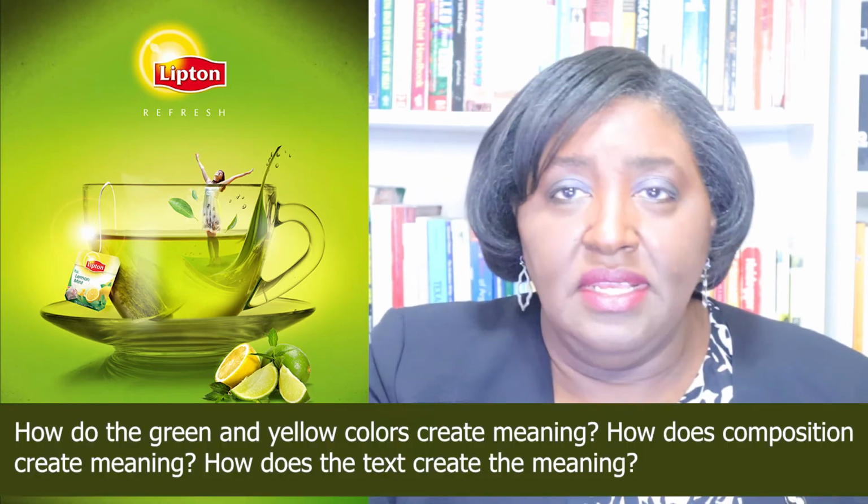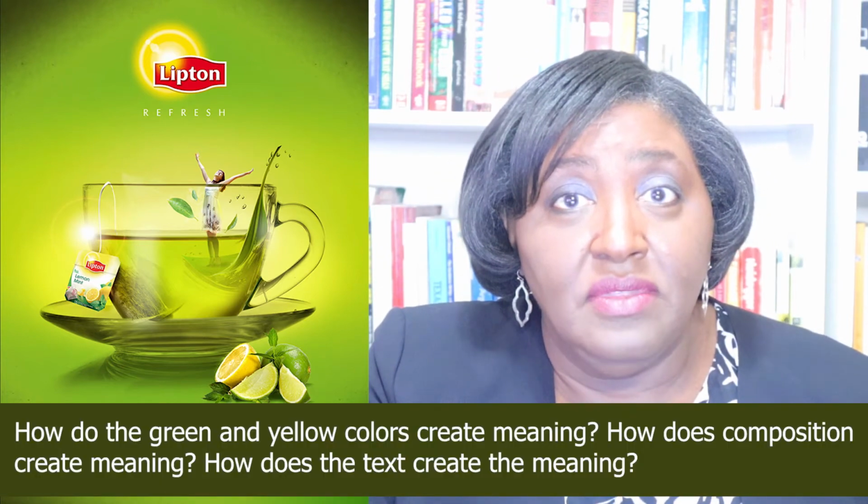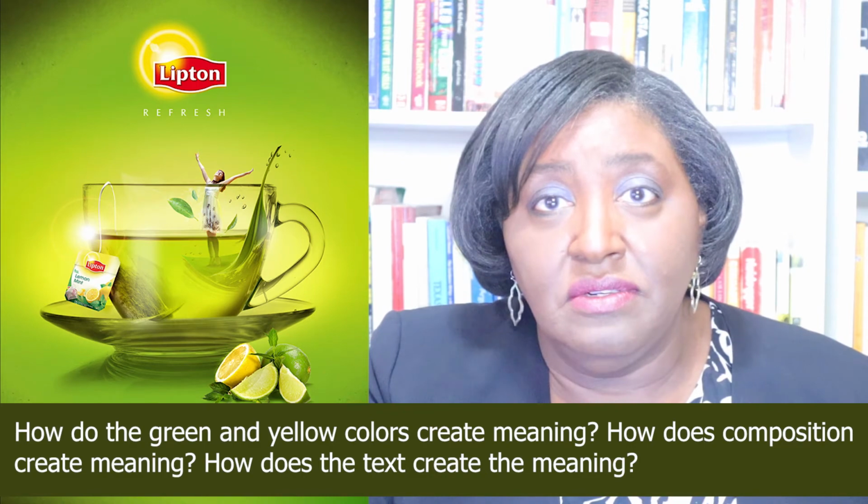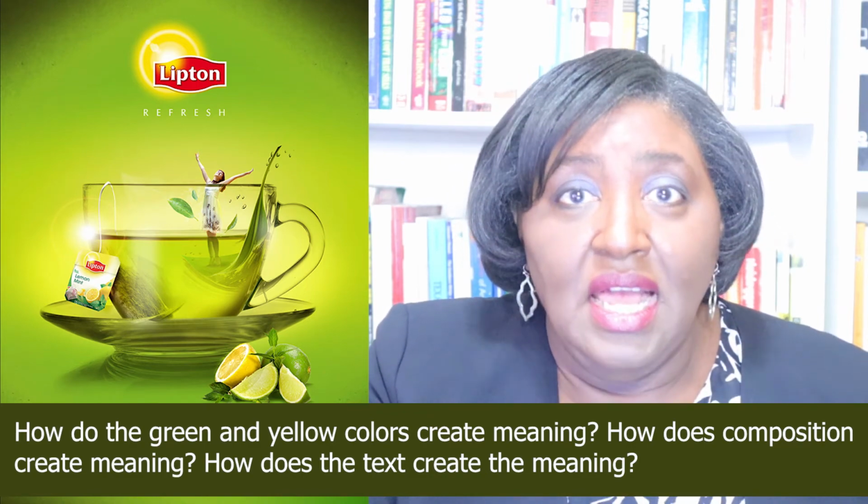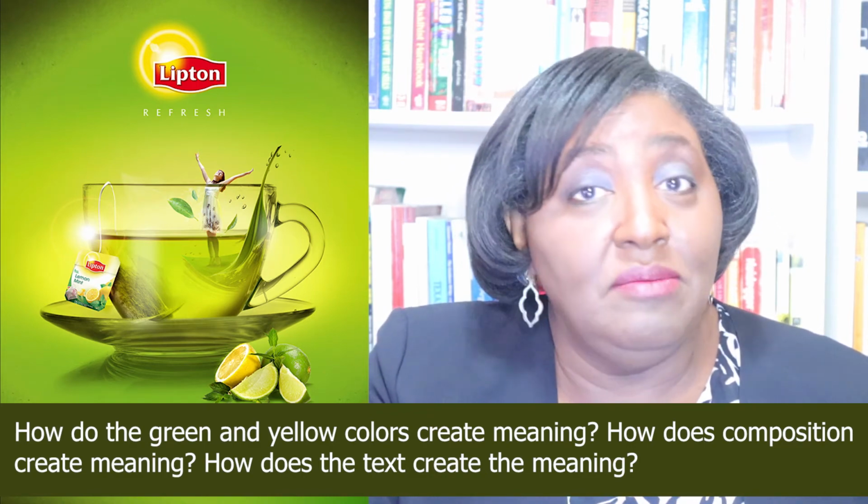What questions do I need to answer to prove or demonstrate the elements in my thesis? For each element I've chosen, I need to ask the question, how does this element create meaning in my image? So, how do the green and yellow colors create meaning? How does composition create meaning? How does the text create meaning?